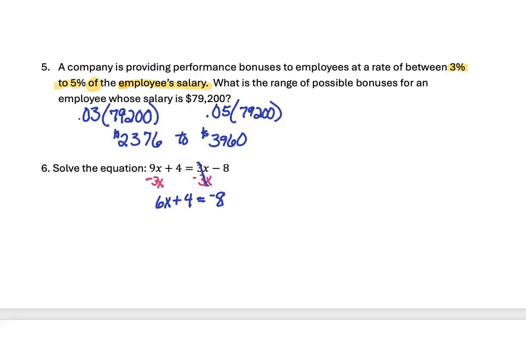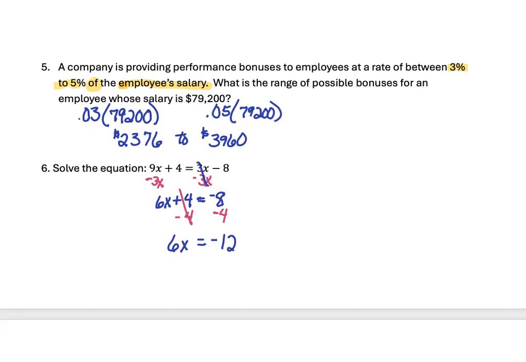Then our next step in solving this is to get the part with the x in it by itself, so we need to subtract 4 from both sides, and these 4's here now are going to cancel out. And here we end up with 6x equals -8 minus 4, which is -12. And then our last step is to get the x by itself.